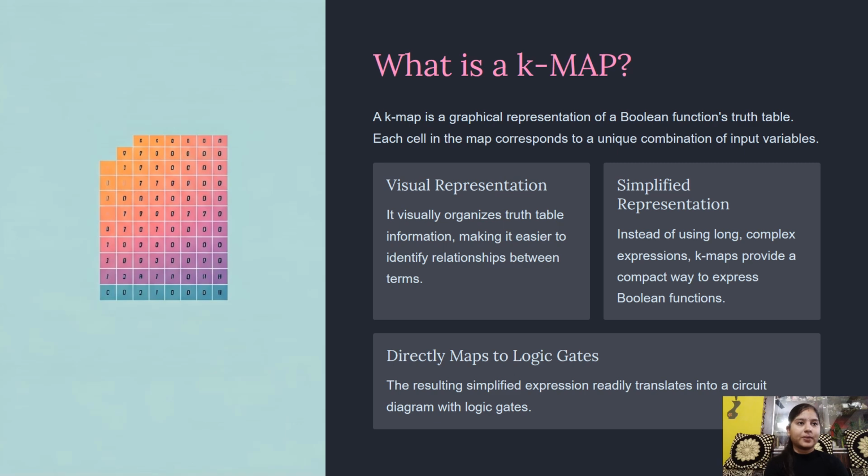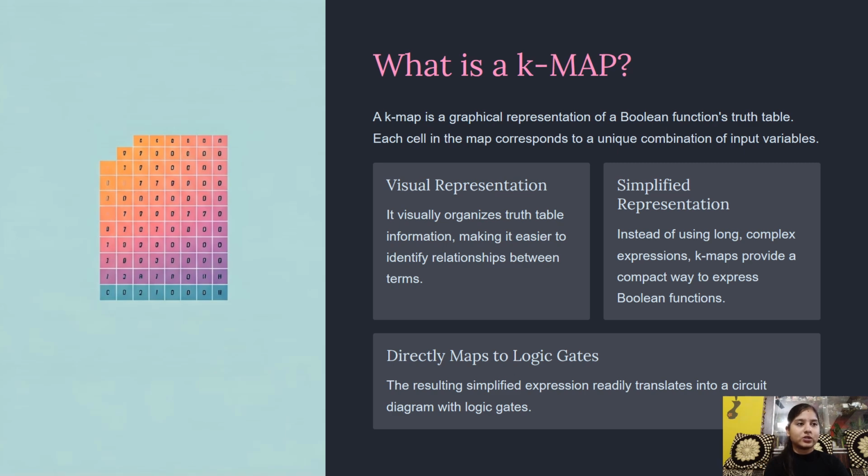What is a K-map? A K-map is a graphical representation of a Boolean expression's truth table. Each cell in the map corresponds to a unique combination of input variables. Coming to the visual representation, it visually organizes truth table information, making it easier to identify relationships between terms.